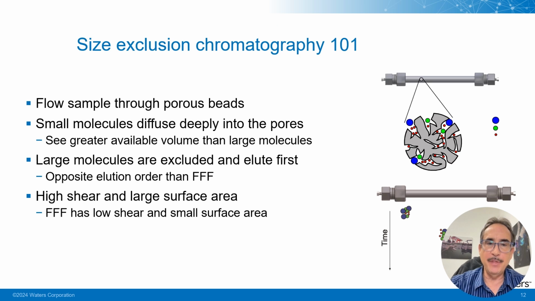Let's compare this to more traditional chromatography, such as size exclusion chromatography. So here we have a column that's filled with packed beads that are porous. And if you consider three different particle sizes, red being the small and blue being the large, if the beads are porous, then the small particles can diffuse into the pores and back out. Intermediate sized particles can diffuse, but not as far down, and the large ones are effectively excluded, hence the size exclusion.